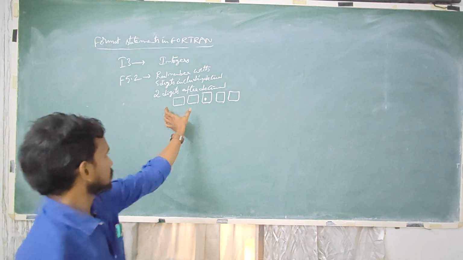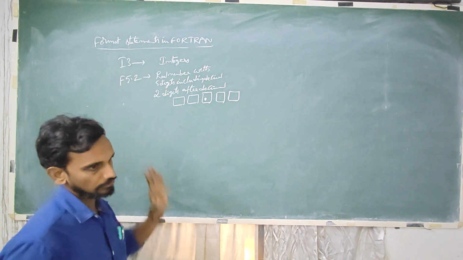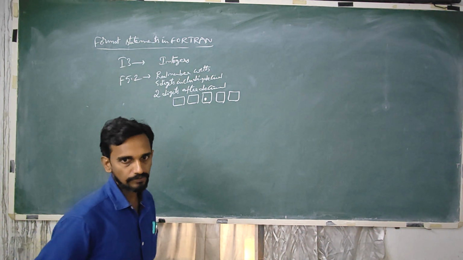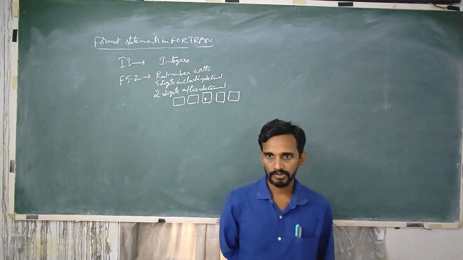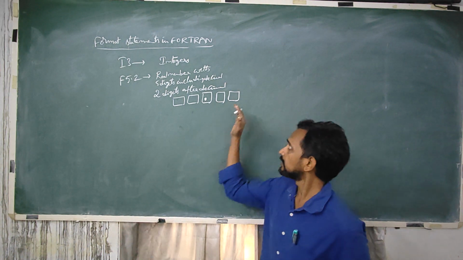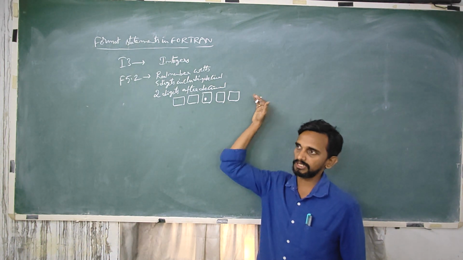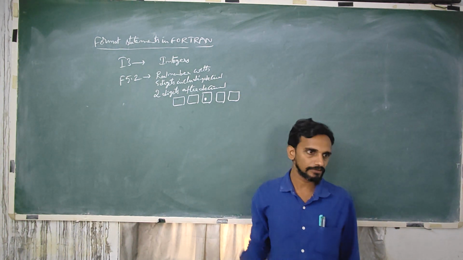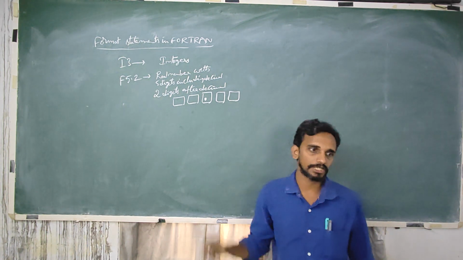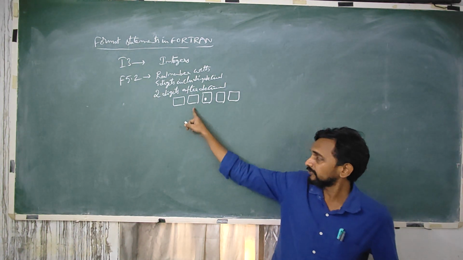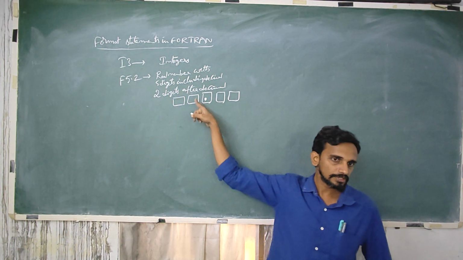So before decimal it considers only 2 digits. If there are more digits, it won't print. It simply prints a star. If the given number has more digits after decimal, let's say 3-4 digits, they will be truncated or rounded up. We'll see whether it is rounding off or truncating. But before decimal, if there are more digits than specified, it won't print.